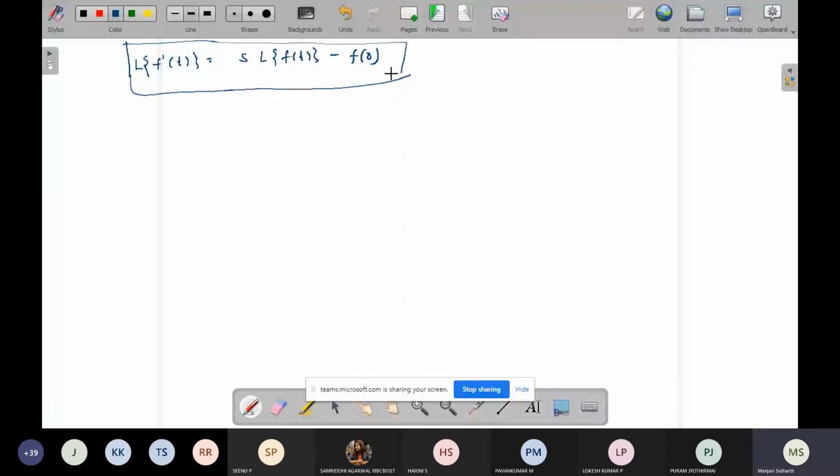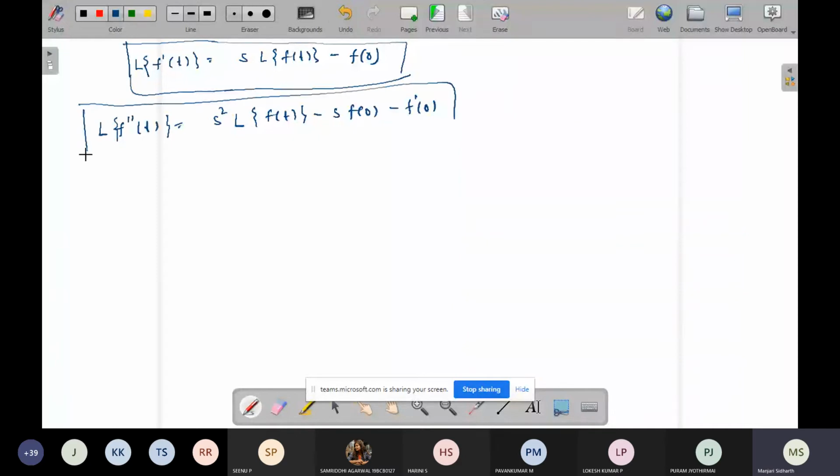And because we have second order differential equations, the Laplace transformation of f double dash t. You should know this. It is s square times the Laplace transformation of f of t, minus s f at 0, minus f dash 0. The first time derivative, put t equals 0, you will get f dash 0. So these are very important.